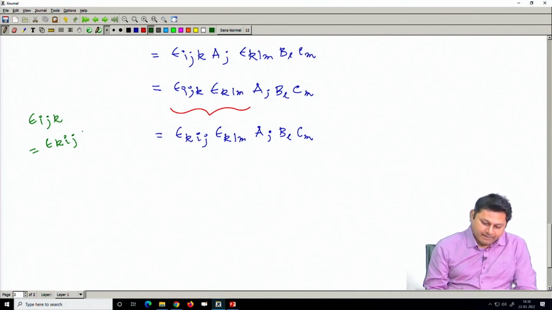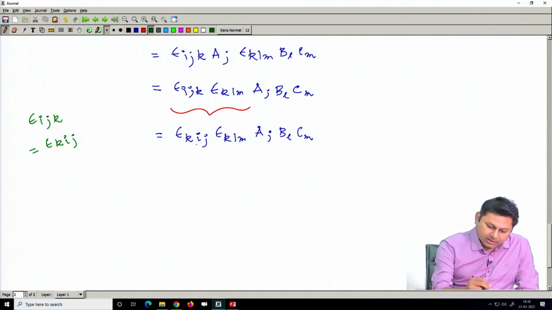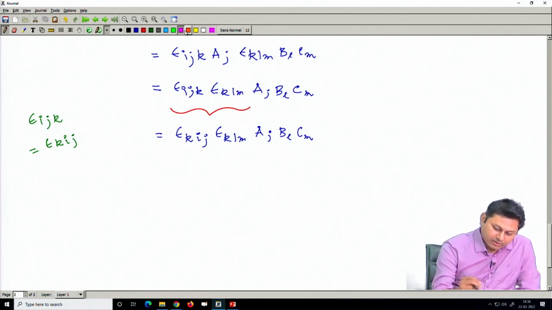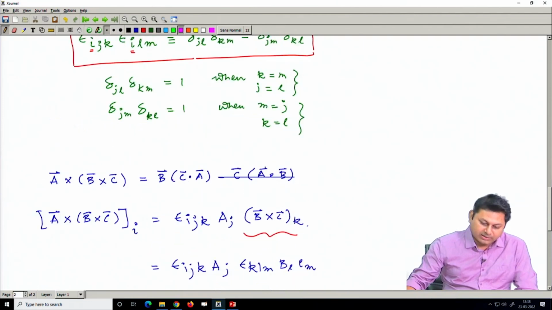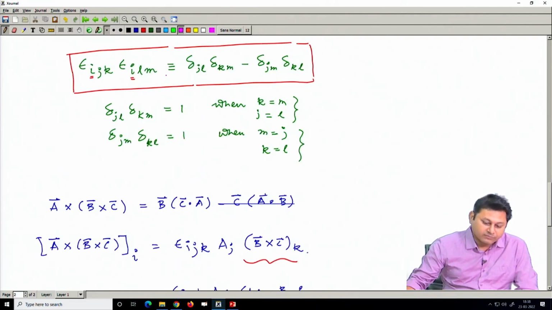Okay. Now, once I get this quantity, I am in a position to expand this the way I expanded before, because I know the rule for this.